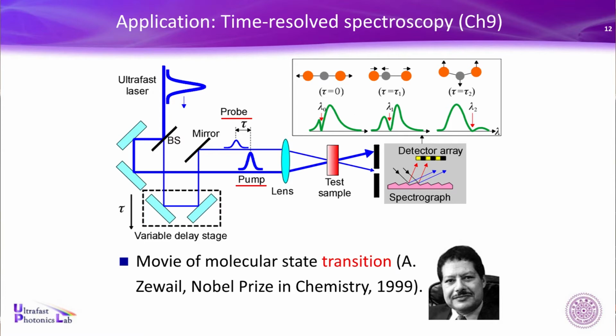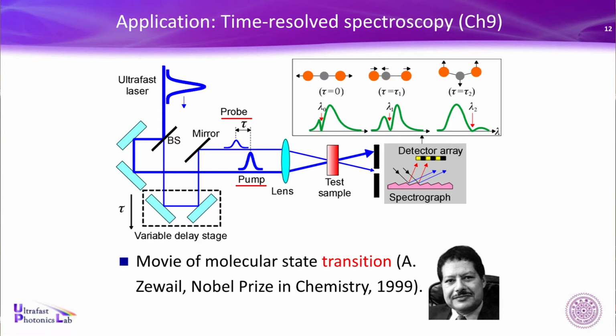And let's assume the transition from one state to another lasts for some period of time. The dynamics can be probed by tracing the probe spectrum. Of course, you have to scan the delay to see the different temporal moments.